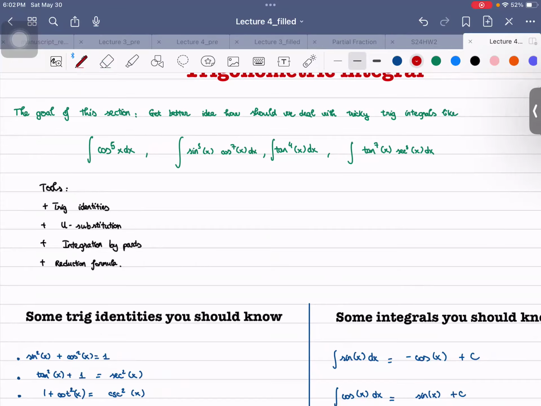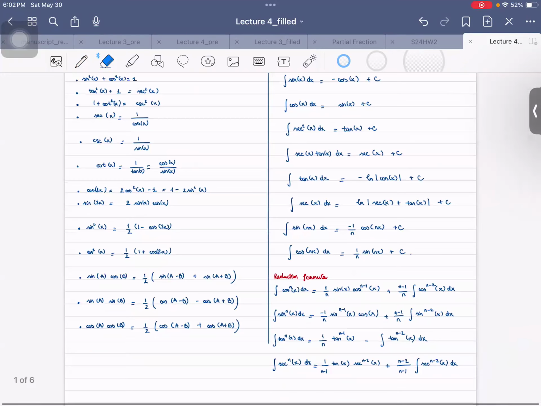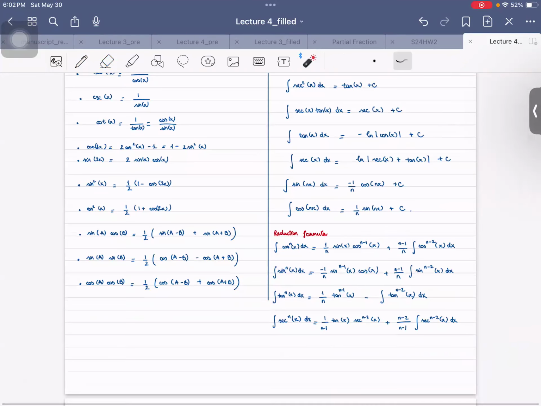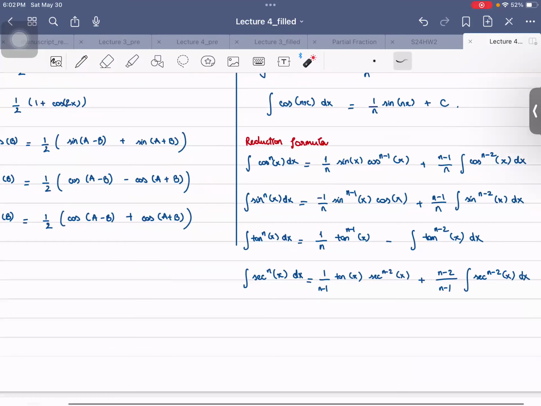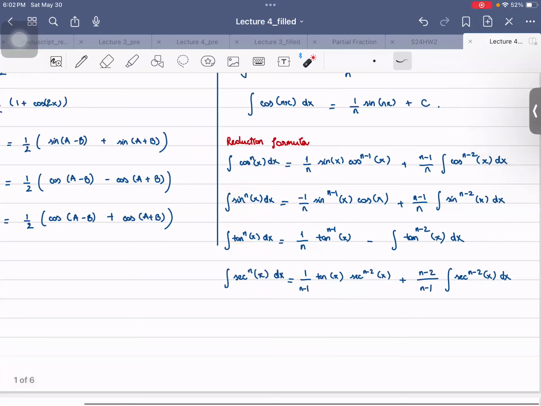And we also have the reduction formula. The reduction formula will help you deal with something like this. Over here, I have listed the 4 reduction formulas. These reduction formulas help you deal with integrals where you simply have cosine, sine, tangent, or secant to the power of something.